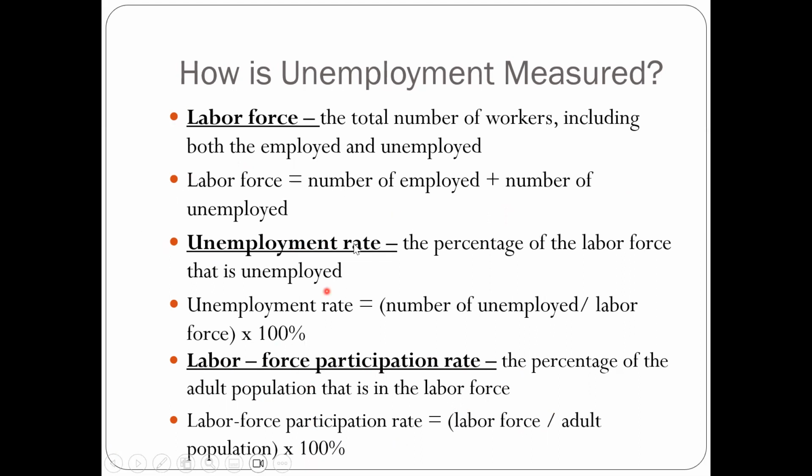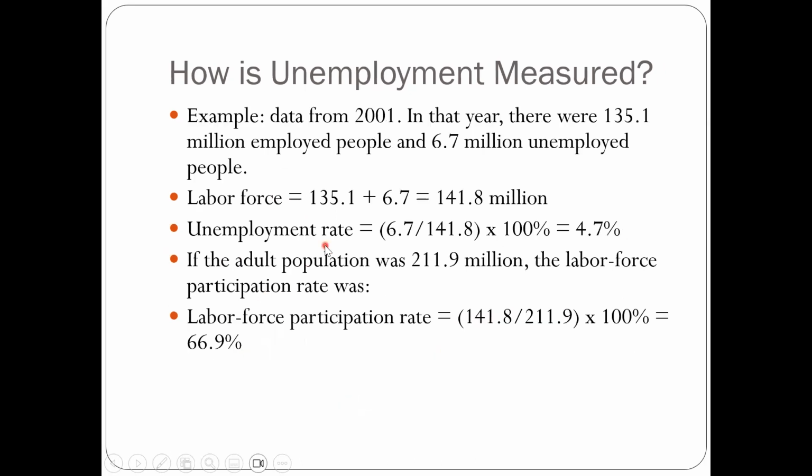Then we can calculate the unemployment rate by dividing the number of unemployed by the labor force, which includes the number of unemployed and employed, and then multiplying by 100%. And then we can obtain the labor force participation rate by dividing the labor force over the adult population, multiplied by 100%. And then we know how to measure unemployment.